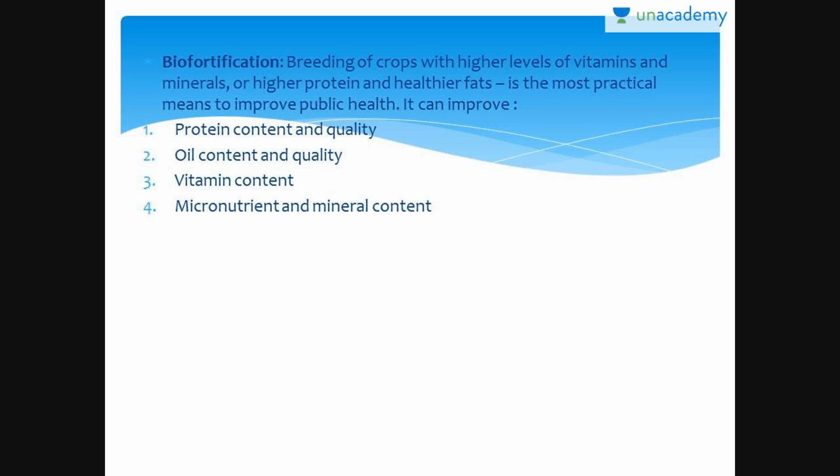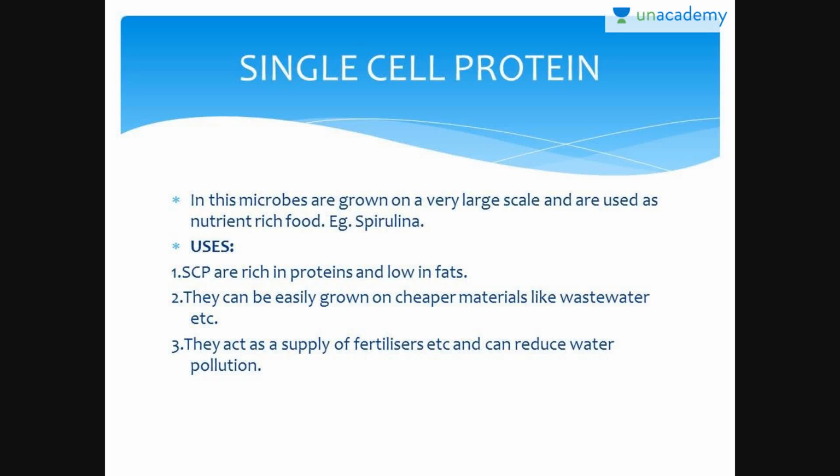Biofortification is the breeding of crops with higher levels of vitamins, minerals, or higher protein and healthier fats. It is the most practical means to improve public health. It can improve protein content and quality, oil content and quality, vitamin content, micronutrient and mineral content.